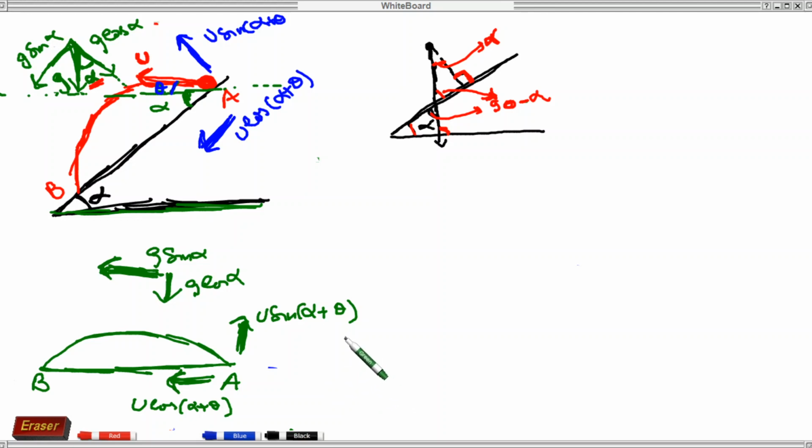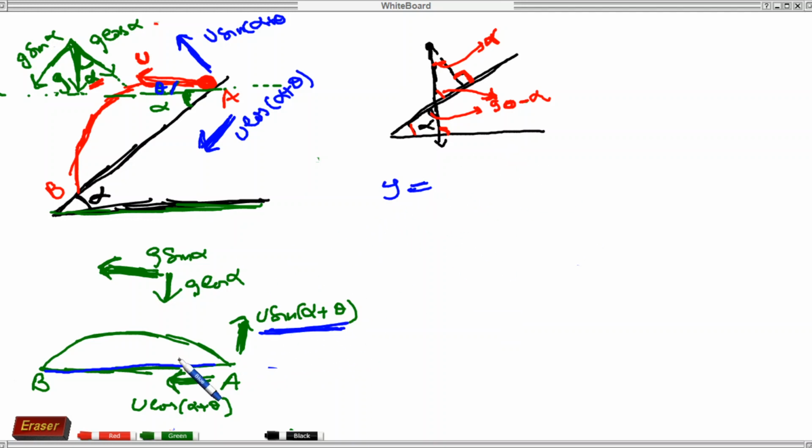So again we will use the same equation, y equals displacement.